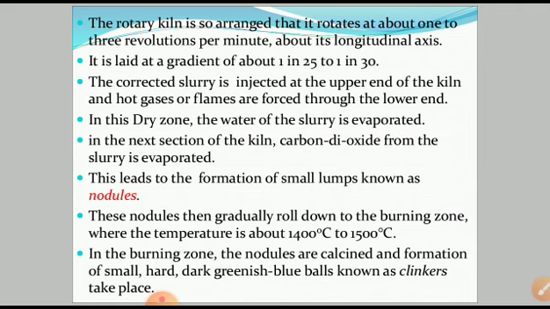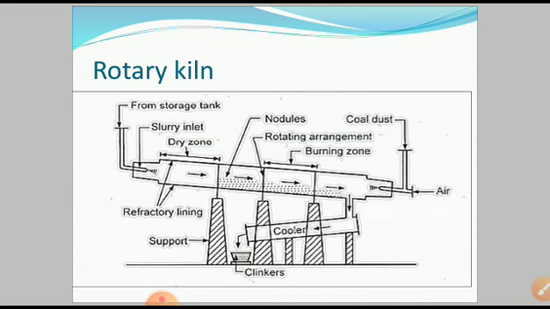So here you can also see some information regarding the rotary kiln. Here you can see the gradient given for the rotary kiln is about 1 in 25 to 1 in 30. That is, this particular rotary kiln is inclined.